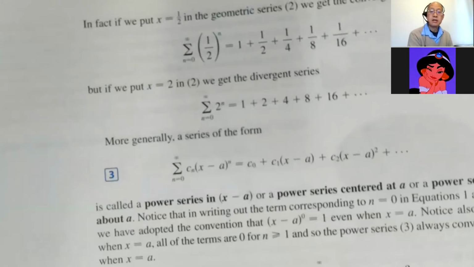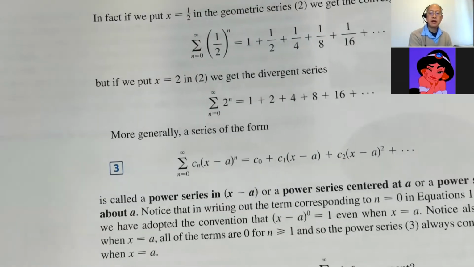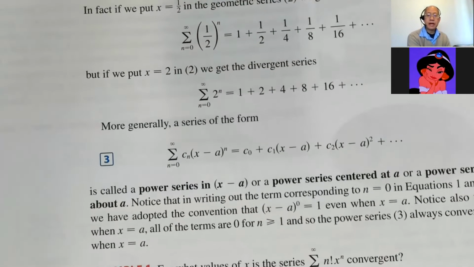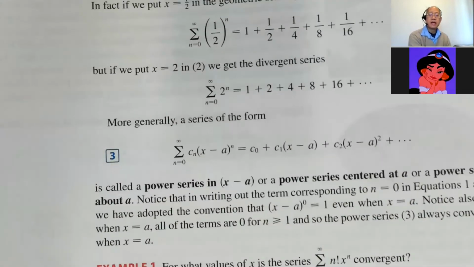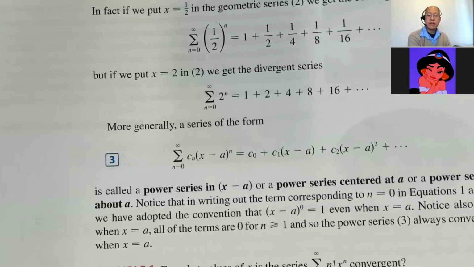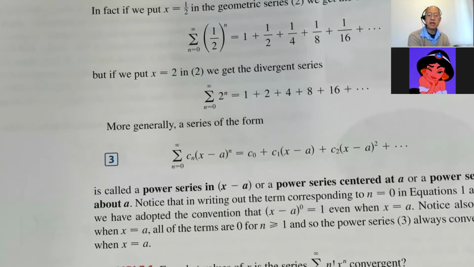Now, we are also going to see some series of this type. Look at box 3. You may want to copy that down. Instead of x, we have x minus a to the whatever: x minus a squared, x minus a cubed.